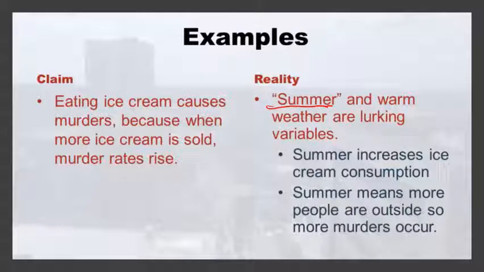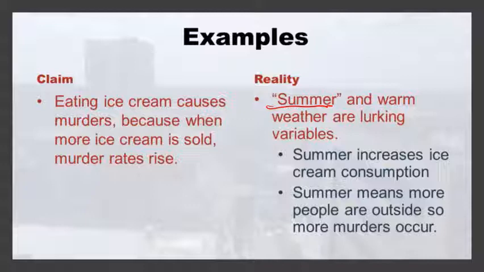So there's a lot of warm weather, people are outside, they're more active, they're getting hyper, they're going places, and they're eating a lot of ice cream, okay? So summer definitely increases ice cream consumption, and since people are outside doing more things, they're exposed to a lot more people, and more murders occur.